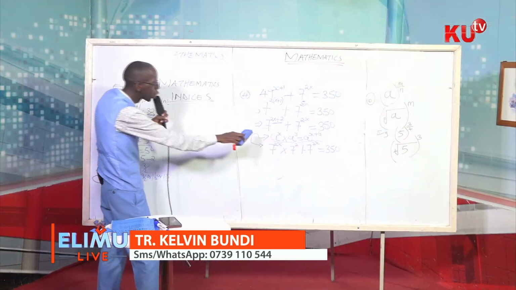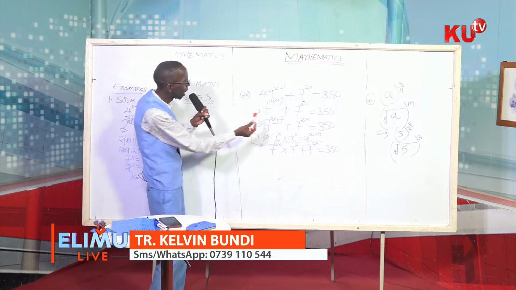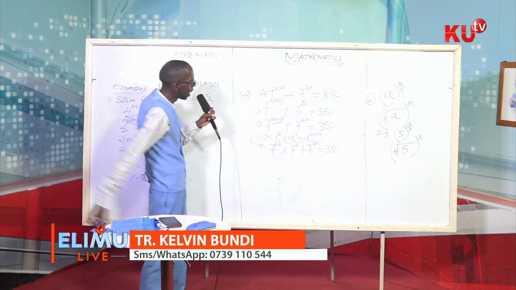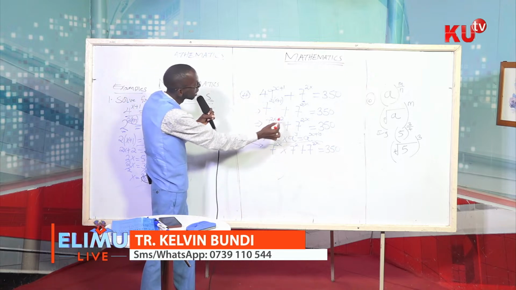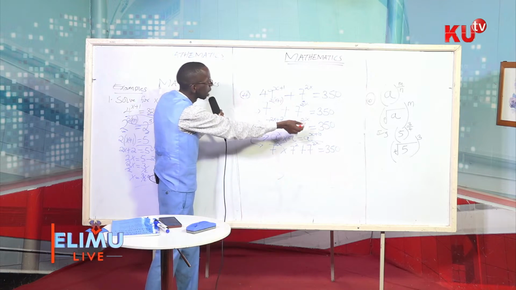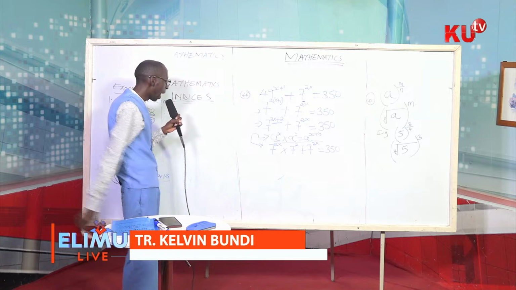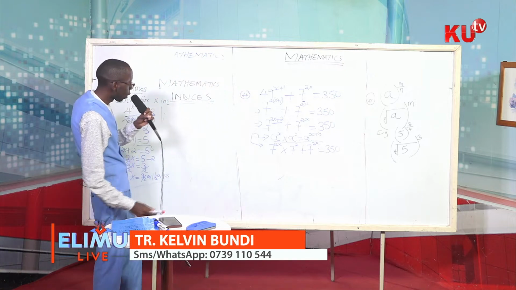So we have used the first law of indices there and said 7 to power 2x plus 2 is the same as 7 to power 2x times 7 to power 2, then plus 7 to power 2x is equal to 350. Now, my dear student, we proceed.